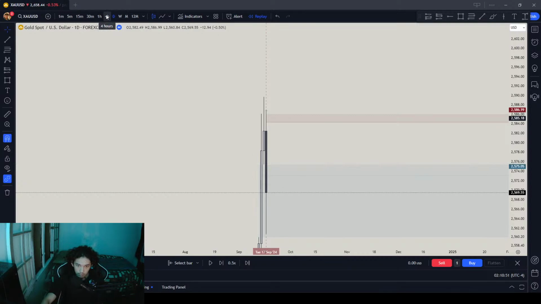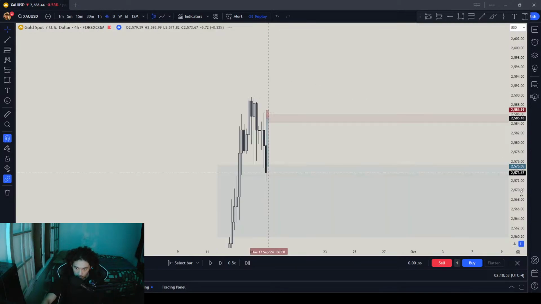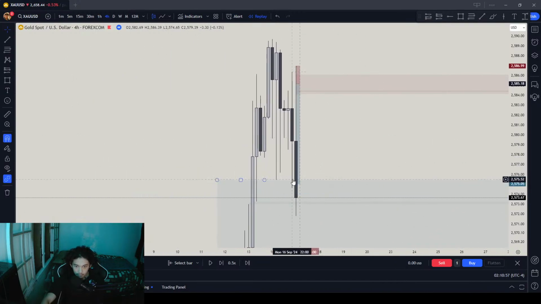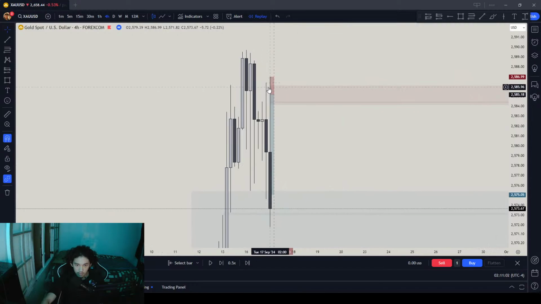Boom. There's a daily time frame to the next internal. So market ready to touch this. So touch this. Market's back at external.